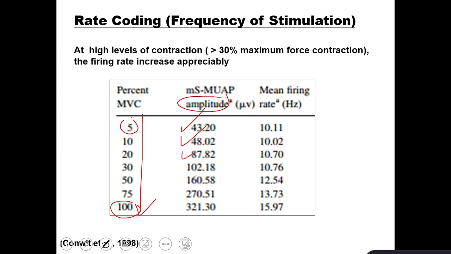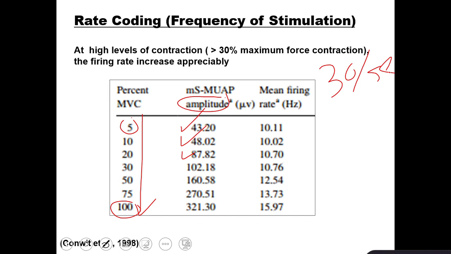How about the firing rate or the temporal summation? So firing rate means that instead of one motor unit having, for example, 30 stimuli in a second, they have more of that. They have 60 or 90 or 120.